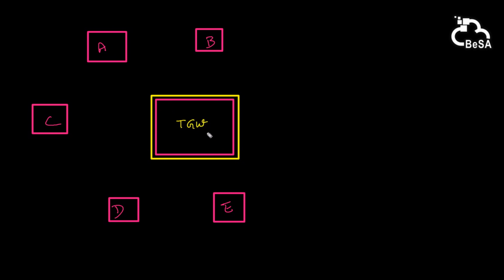Through this TGW, we could create a communication channel, allowing A to communicate with B, C, D, all of these will communicate through the transit gateway. That's what we are trying to do here. So transit gateway is a hub for your requests, and all the VPCs connecting to it are my spokes. I hope this is clear.